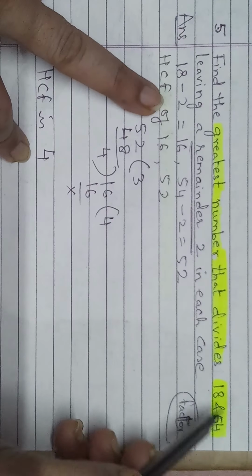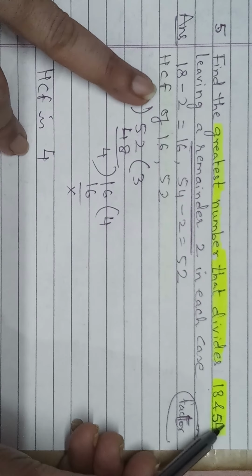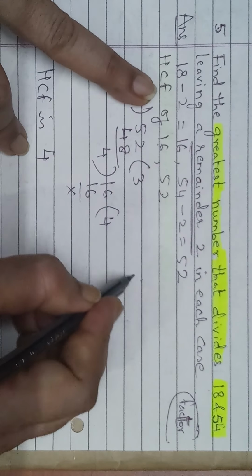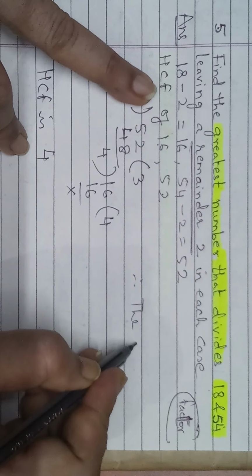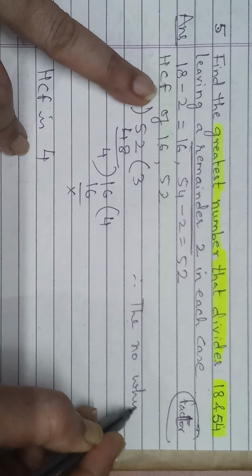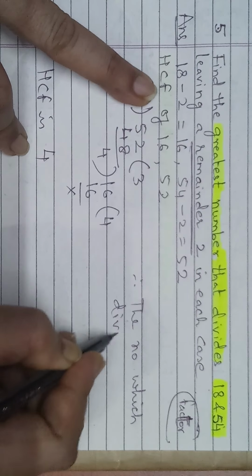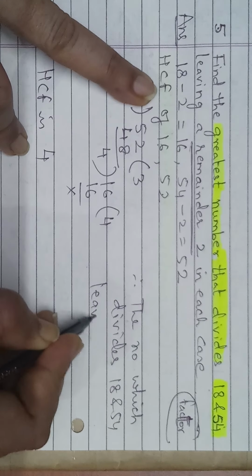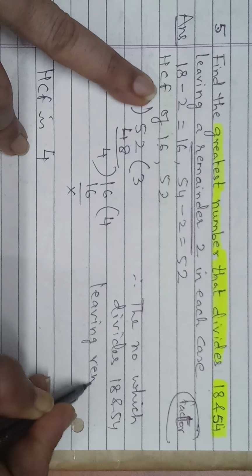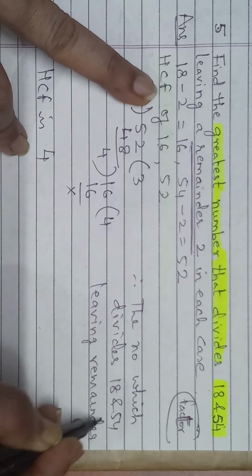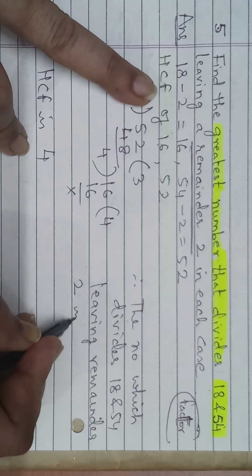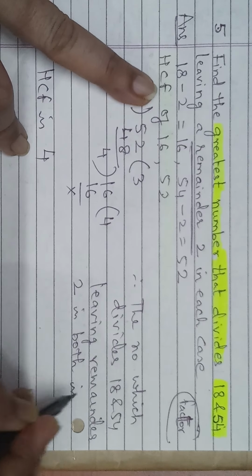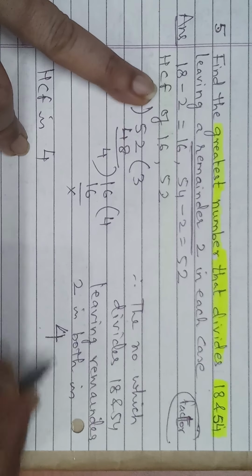And when you divide 18 and 54 by 4, it will leave remainder 2. Therefore, the number which divides 18 and 54 leaving remainder 2 in both the cases is 4. This is your answer.